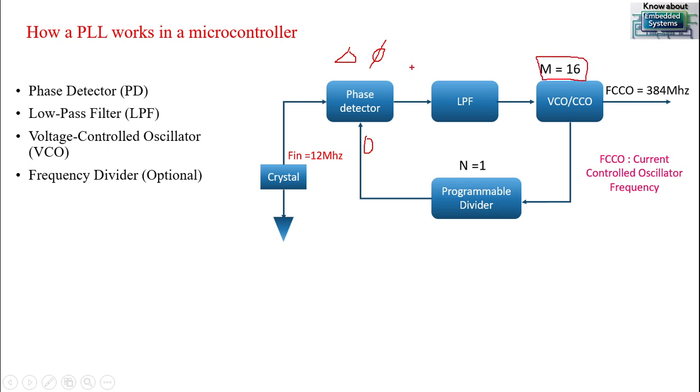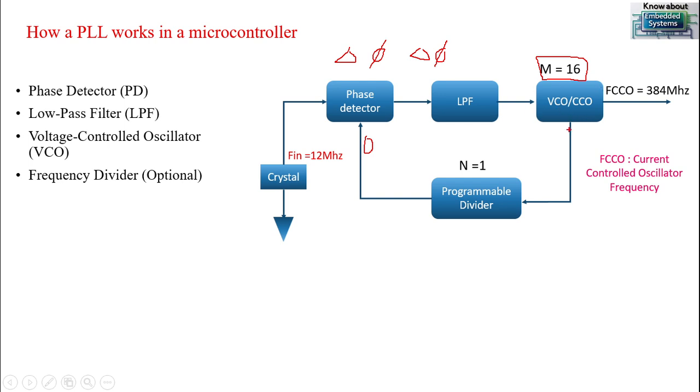The low pass filter generates the equivalent voltage or multiplication factor from the delta phase between the two signals, and that will be given to the VCO or CCO.